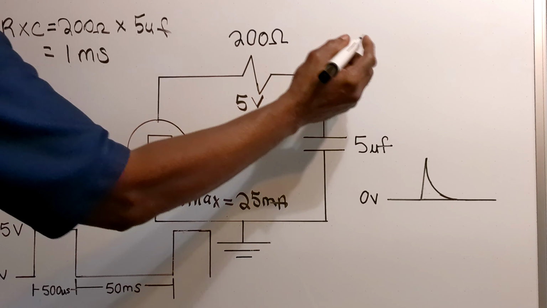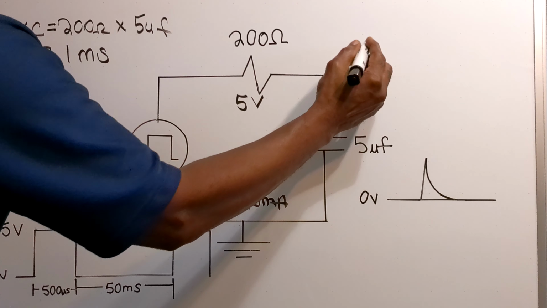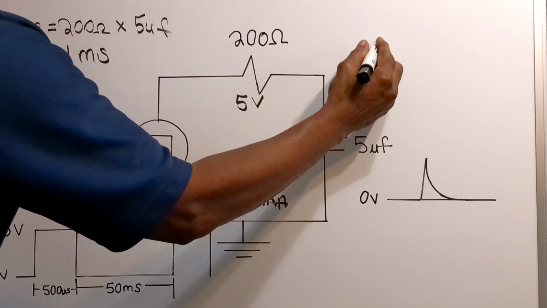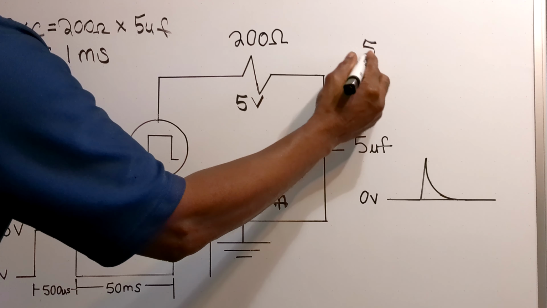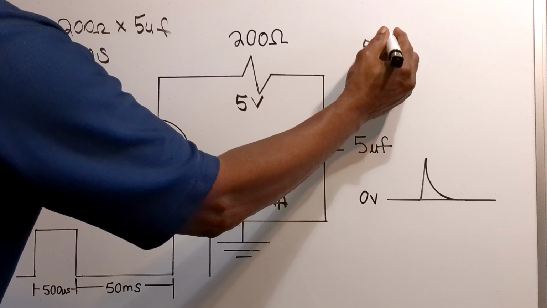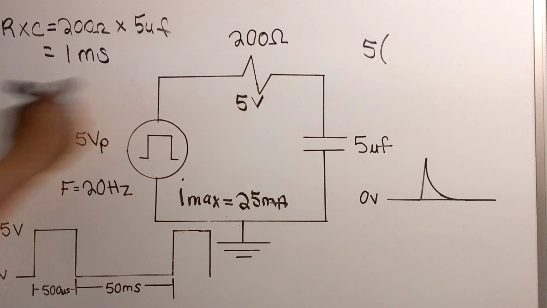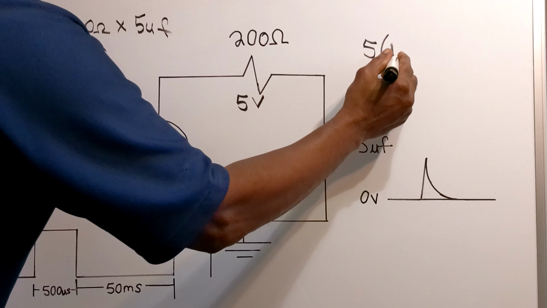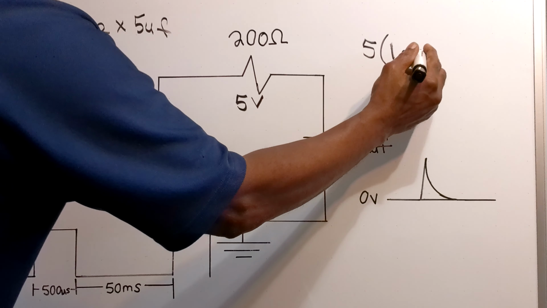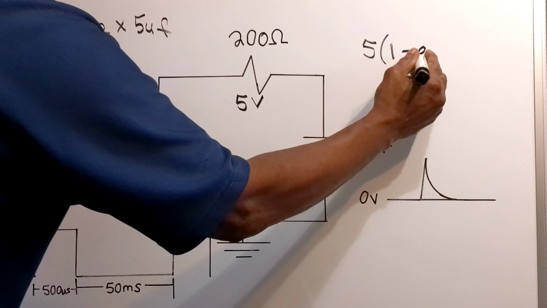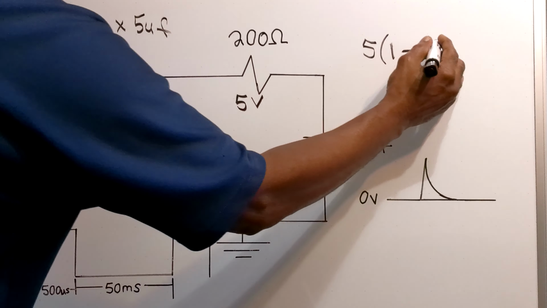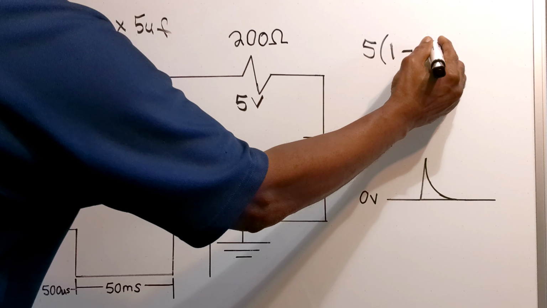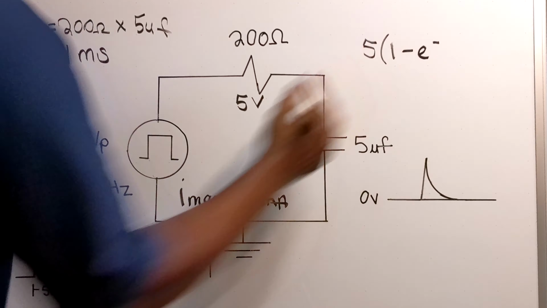So I'm going to use my formula. 5 volts times 1 minus e, and my exponent is negative.